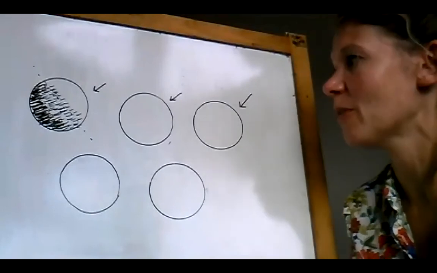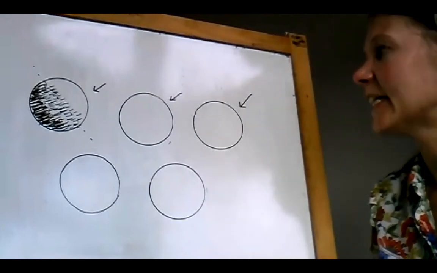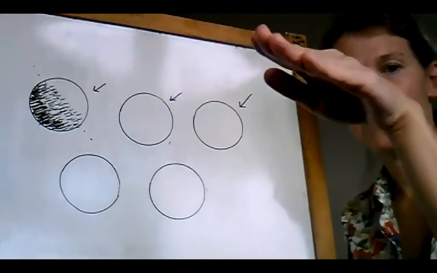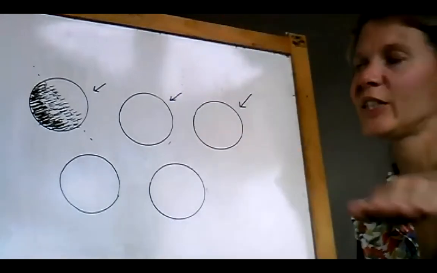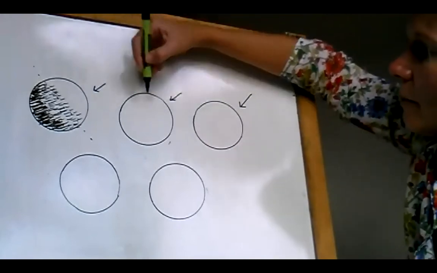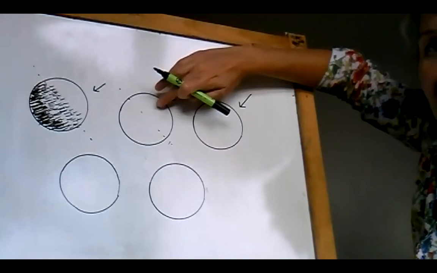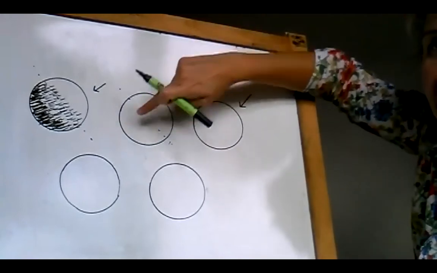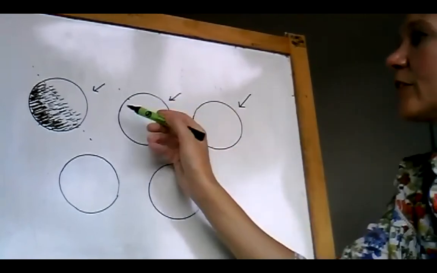Right then, good job. Well done with your hatching. So our next one's going to be cross hatching. Now this one, we need to go vertically, up and down, got it the wrong way then, and horizontally, okay? So remember, the light is shining on our ball here. So here is going to be dark and here is going to be light, okay? So we're going to go cross hatching.